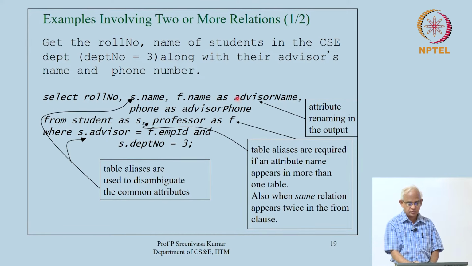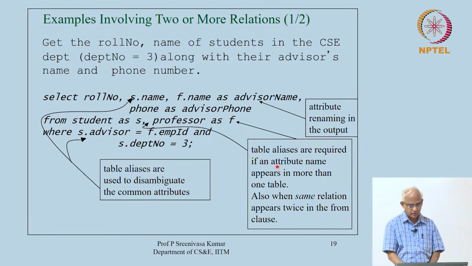It is possible for us to do renaming using the word as and giving a new name, and then phone as advisor phone, so that in the output it is clear that it is the advisor's phone, not the student's phone. So, we are doing in the select clause roll number, S dot name, F dot name as advisor name, phone as advisor phone, and then in the from clause we introduce these table aliases.